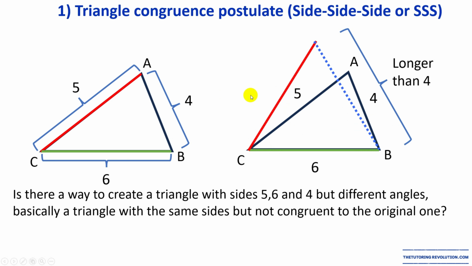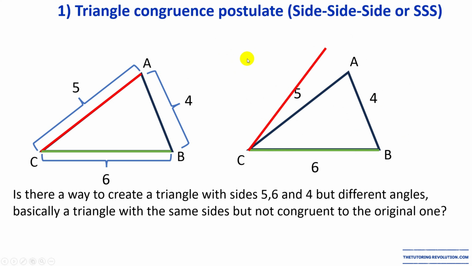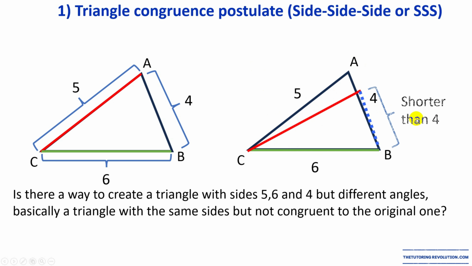So that didn't prove the postulate wrong. The postulate is still right. Now, if we change this angle and make it smaller, AB will also become shorter than 4. So we can see that modifying an angle will modify at least one side.